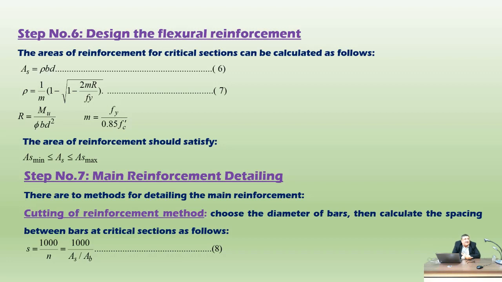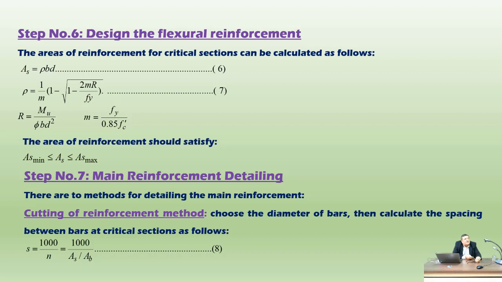Step number 7, main reinforcement detailing. There are 2 methods for detailing the main reinforcement. The first is the cutting off reinforcement method. Choose the diameter of bars, then calculate the spacing between bars at critical sections as follows.